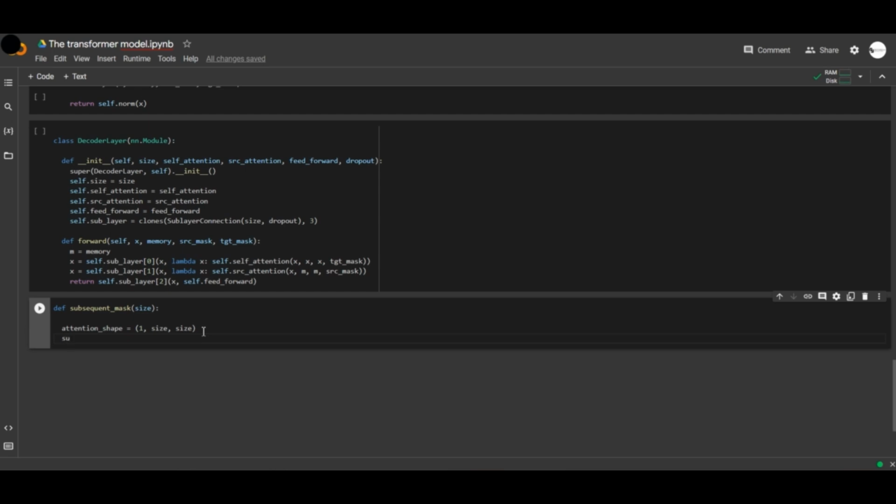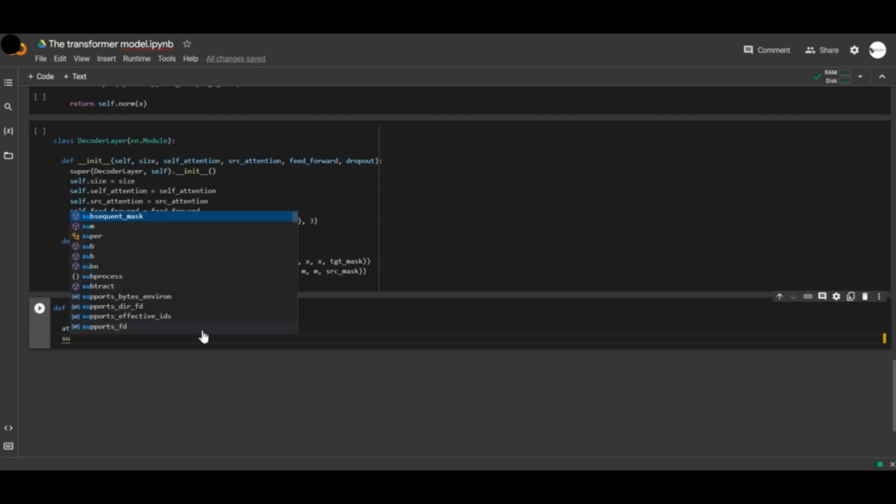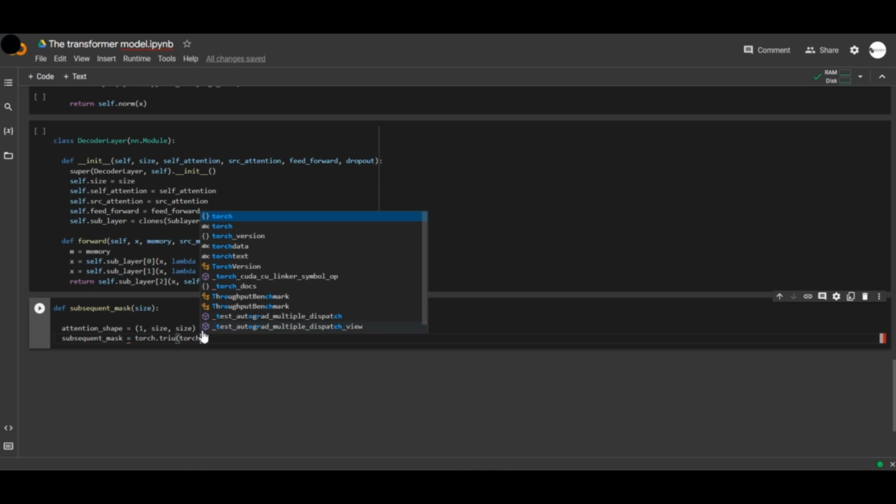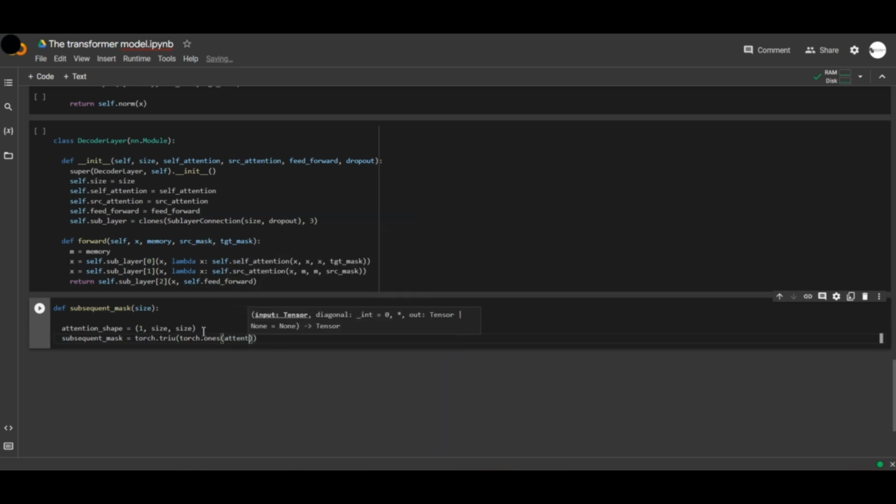Then we say subsequent_mask equals torch.triu, which I will explain now, torch.ones, then we apply the attention shape.